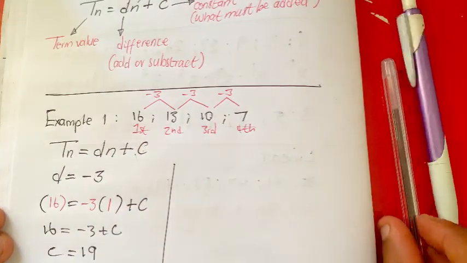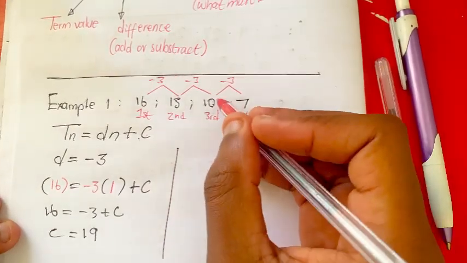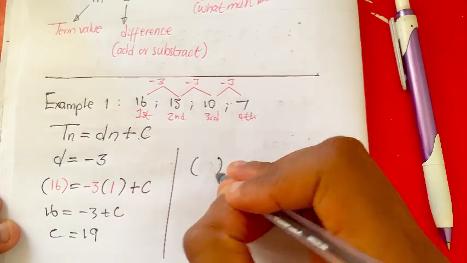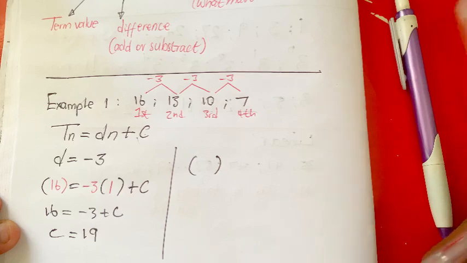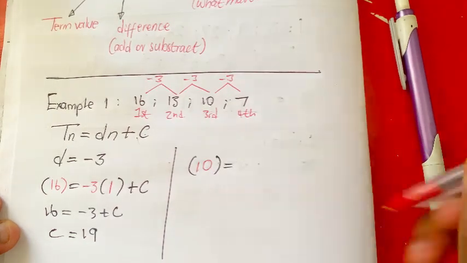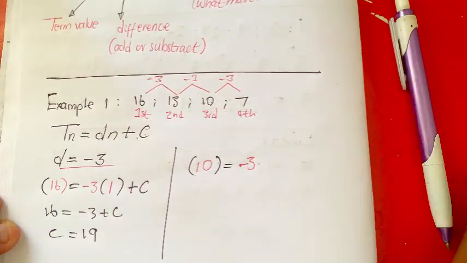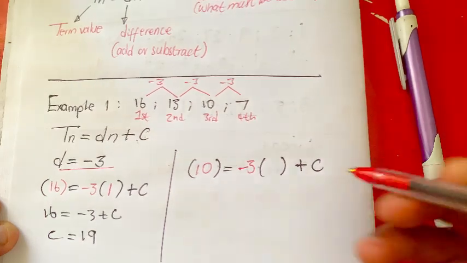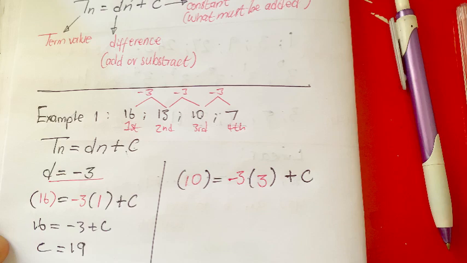Say maybe you use a different position. Say you take position 3. So the value Tn is 10. The difference is D, it's -3. We still don't know C. Assuming that we don't know C, the position is 3.